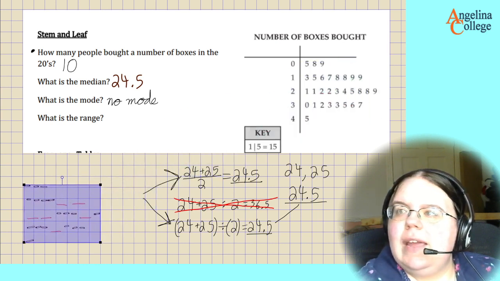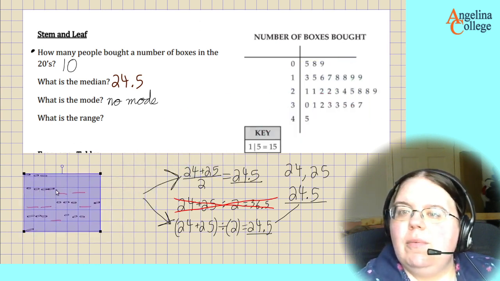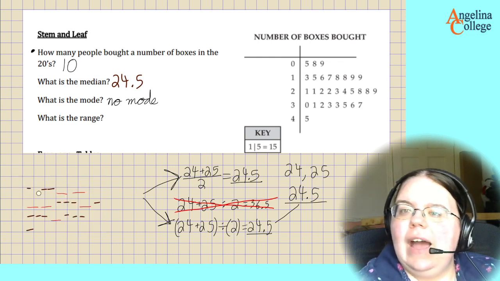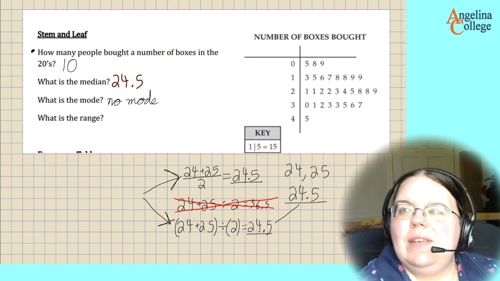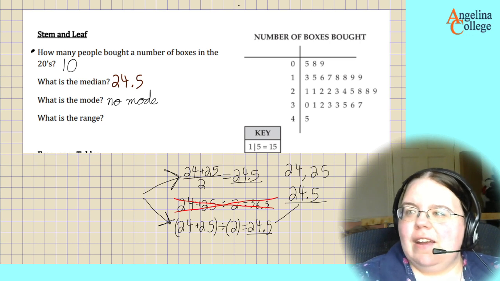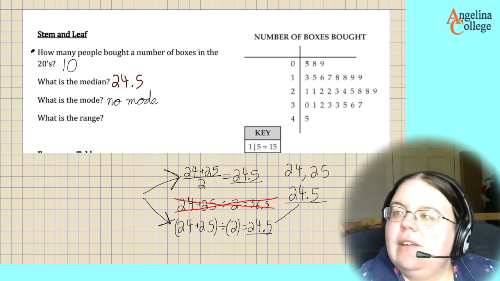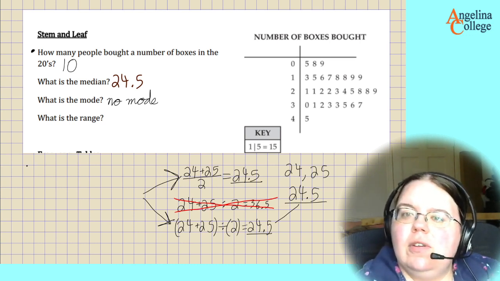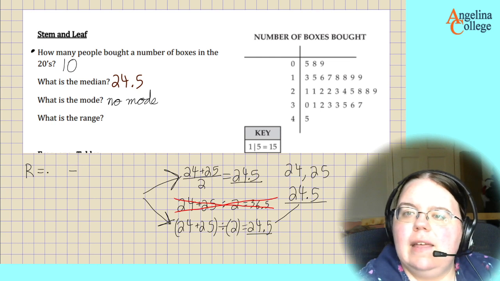Finally, the range. Now the range is super easy to calculate as long as you know how. It's one of those things that it's not something you would easily come up with by inventing it, but once you see it, it's actually super easy. So the range is just the difference, so we're subtracting, between the maximum and the minimum.